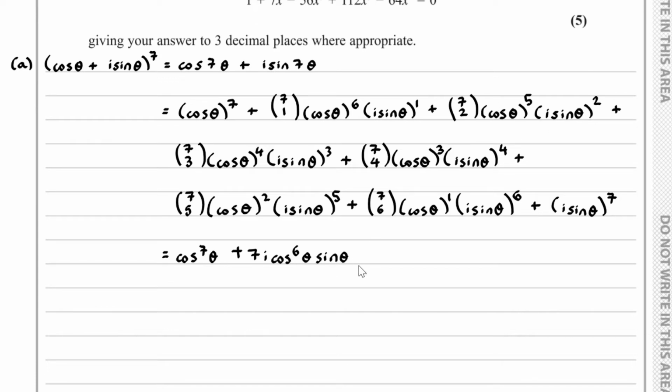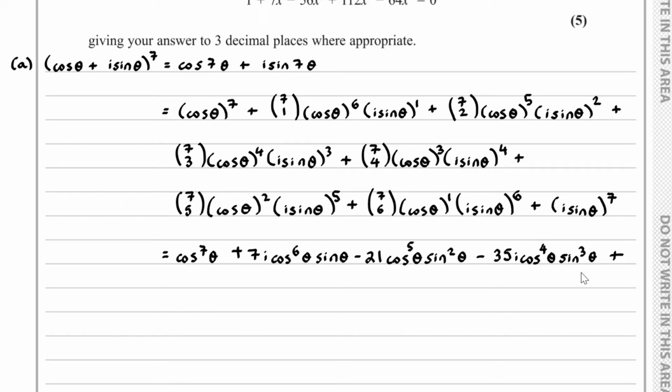Next term here, we've got minus 21 times cos theta to the 5 times sin squared theta. Next term, you can see we've got minus 35i times cos theta to the 4 times sin cubed theta.